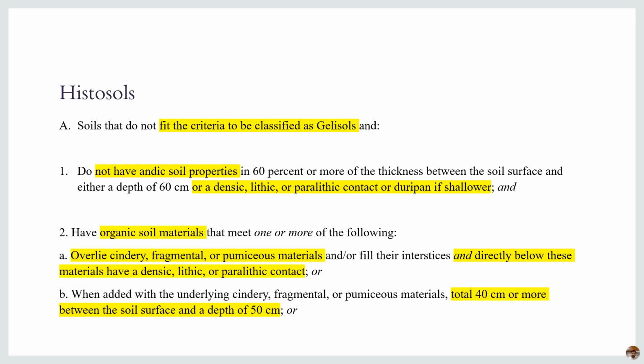Okay, if we find the opposite, something like this organic matter that was buried by ash or pumiceous materials, we should find that this soil should possess at least 50 centimeters, and within these 50 centimeters, at least 40 centimeters should be composed of organic soil materials.